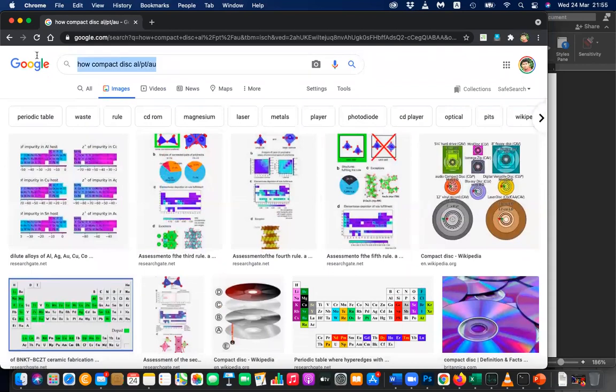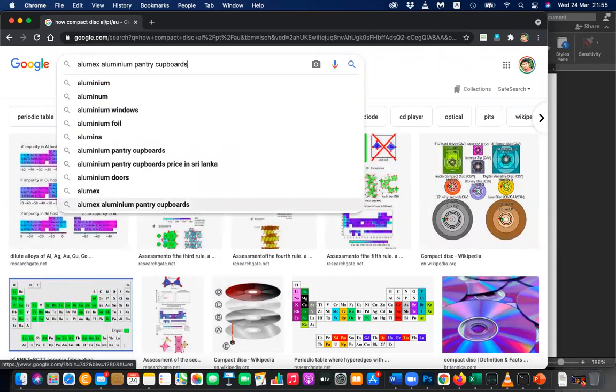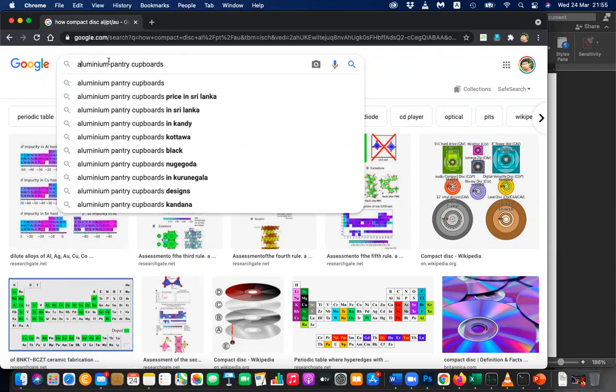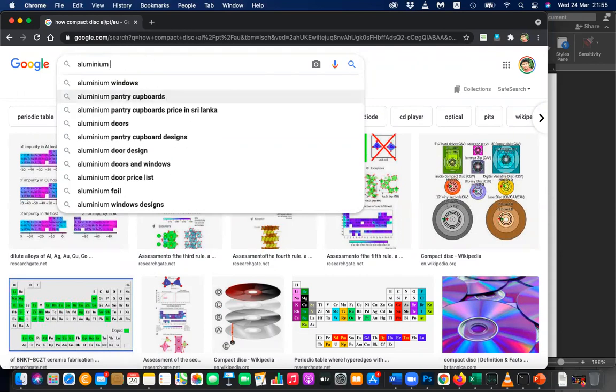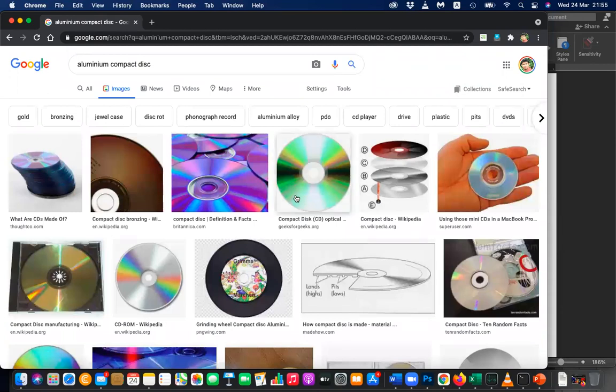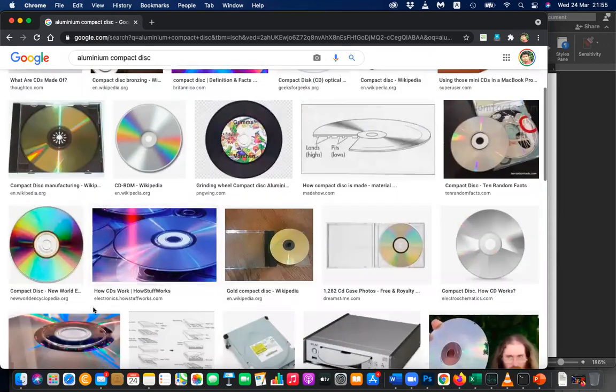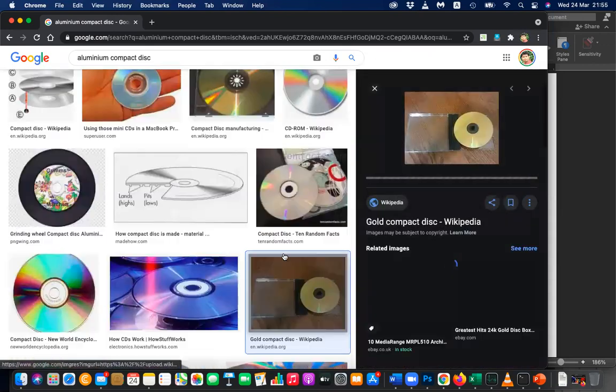So let's see image by image. Aluminum CD, compact disc. You can see in a search, this is the aluminum version, but there are some others, like this gold one.